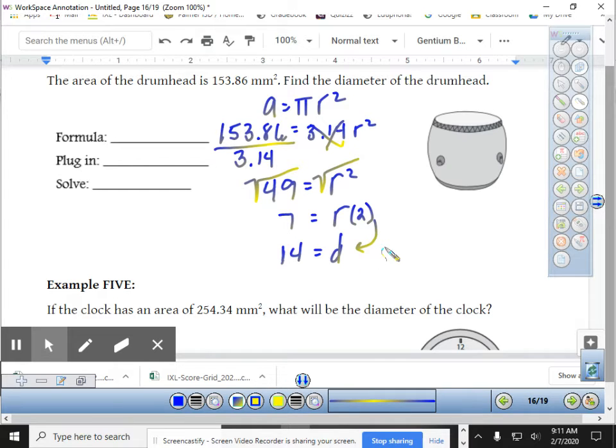Okay, all you smart people, find the circumference. Go. You have all the information you need. I want you to find the circumference of the drum head there. So we're still using 3.14, right?